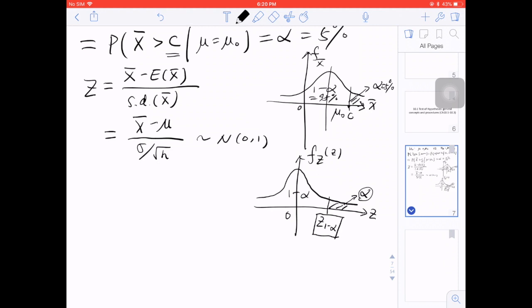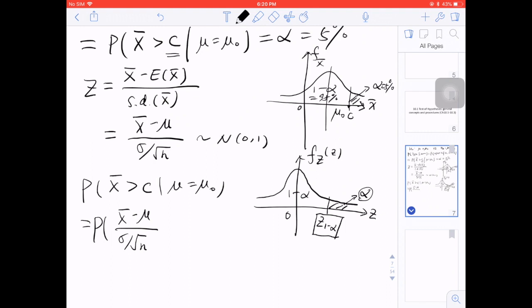So how can we do this? So the probability that X bar is larger than C given mu is equal to mu 0 is equal to the probability that X bar minus mu divided by sigma divided by square root of n is larger than C minus mu divided by the same thing, given the condition that mu is equal to mu 0.